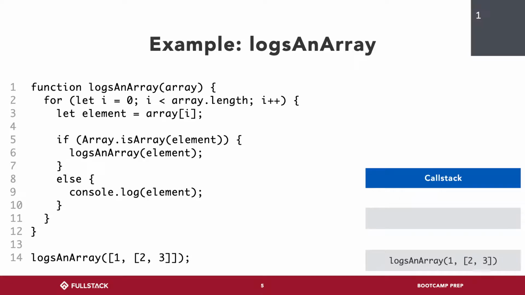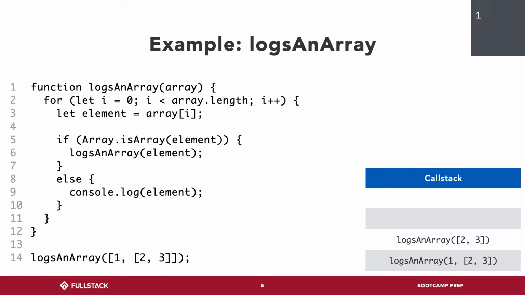So a new call of logs array will be put on the call stack. The current thing that was just running is put on pause, and then a new function call will be made, but the argument will be an array of 2 and 3. That's put on pause. This has to finish before that one finishes.